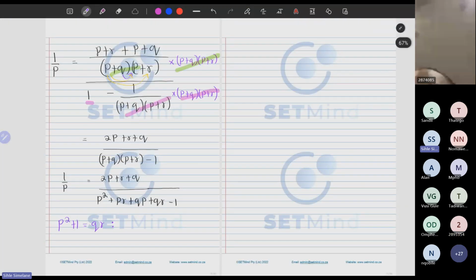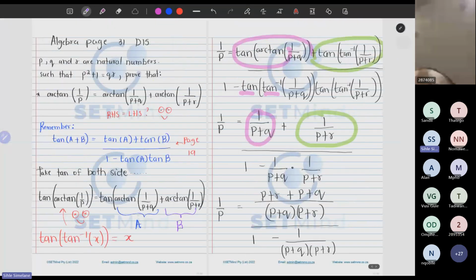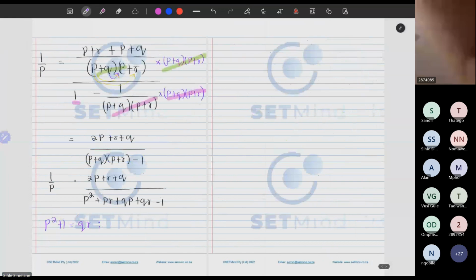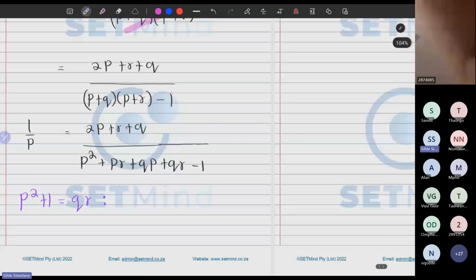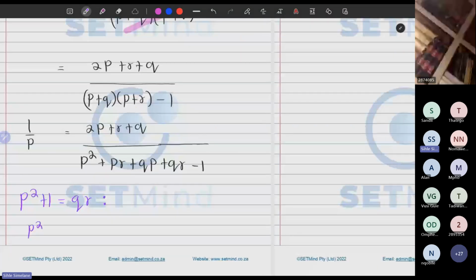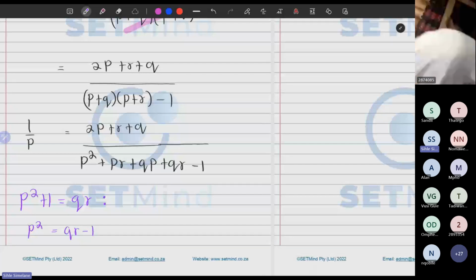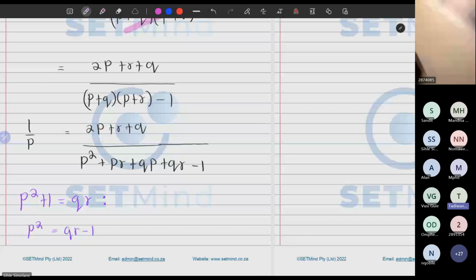We are given that P squared plus 1 is QR. Obviously, we can see that wherever there's P squared, you can alternatively replace it with QR minus 1. That's another way of looking at this. What then should we do? Sub QR minus 1 into the equation.